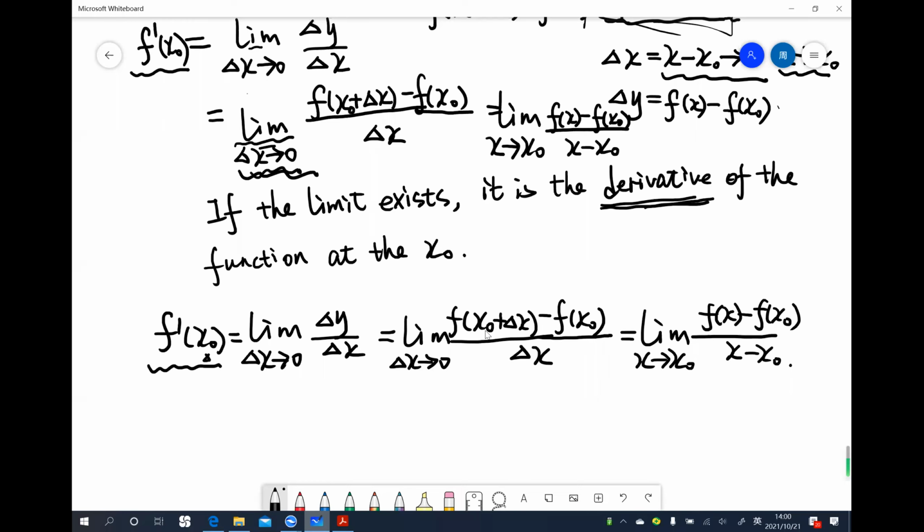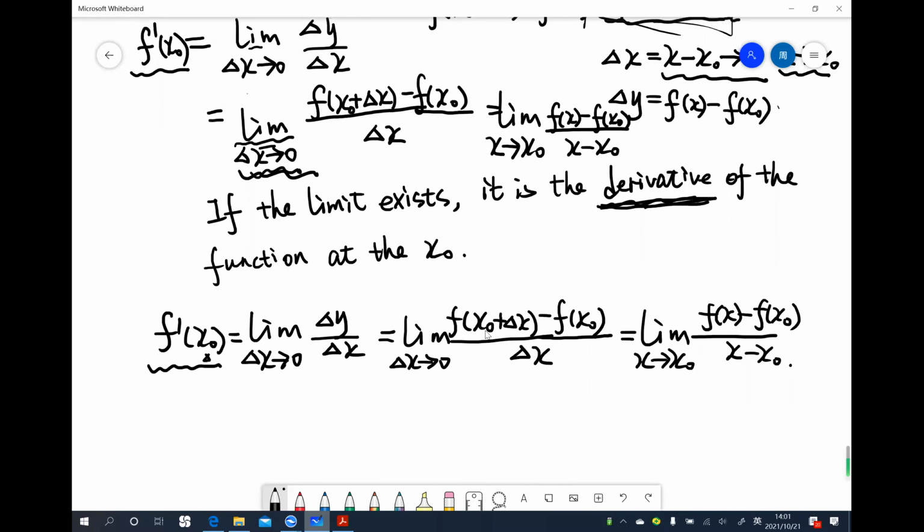And if a function has the derivative at every point of an interval, we call the function differentiable on this interval.